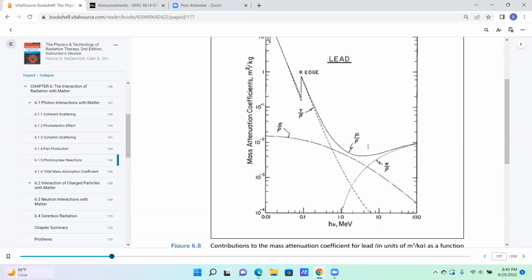From 7 to 15, you're seeing this mass attenuation coefficient be greater than the other two, so the Compton effect is what dominates. And then here you can see this coefficient is greater than the other two. So this is why pair production dominates here.